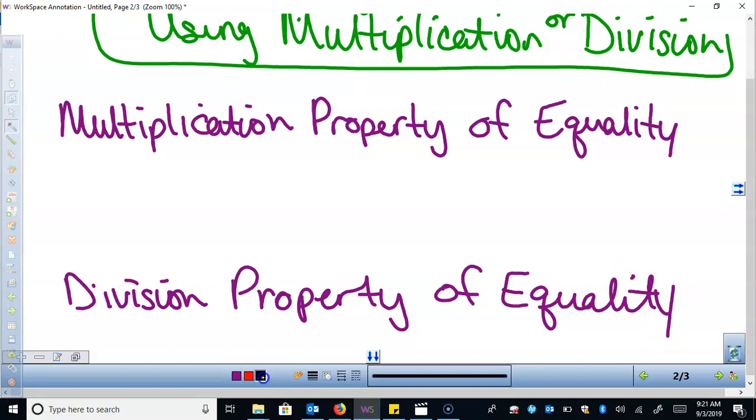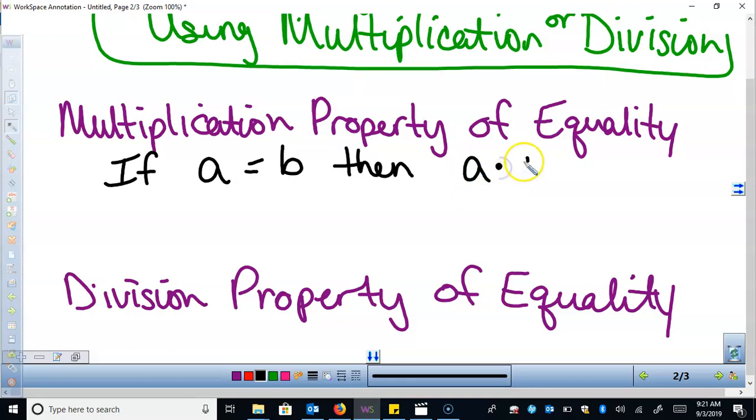So the multiplication property of equality states that if we have some expression A equal to another expression B, then if we multiply A by another value or expression, and we do the same to B, we still come up with an equivalent equation.